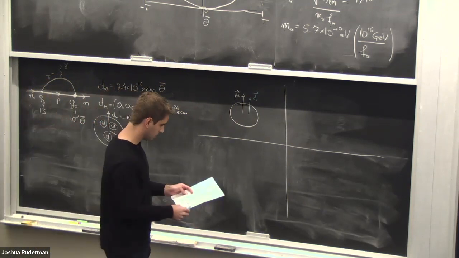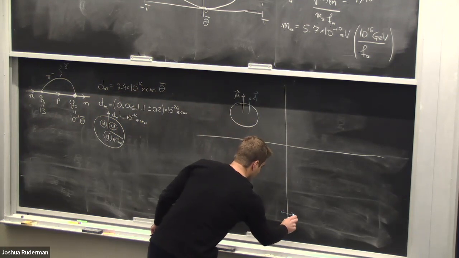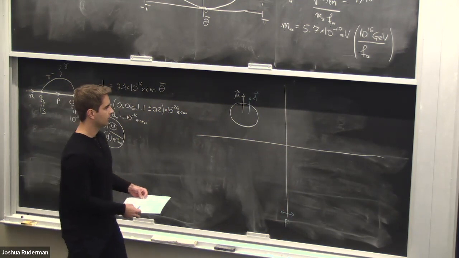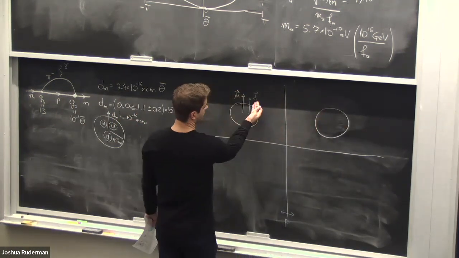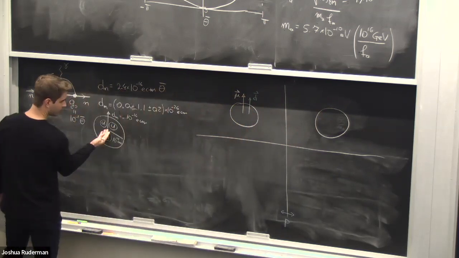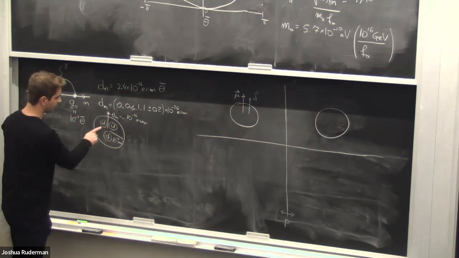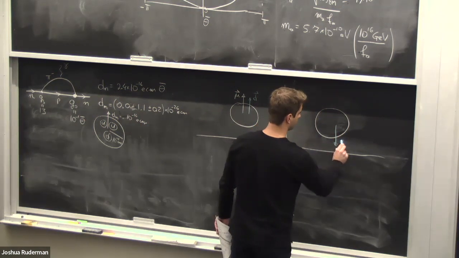If now I do a parity transformation, this electric dipole moment would flip, right? If I do a parity transformation, I send x to minus x, y to minus y, etc. So I would flip the dipole moment, but the spin would not flip.